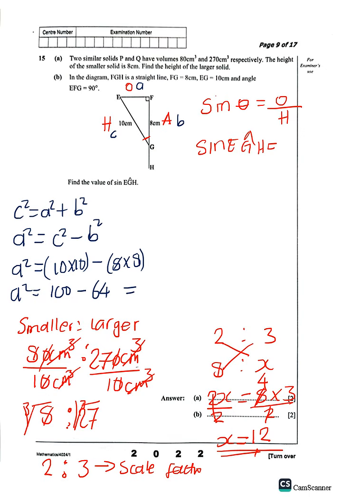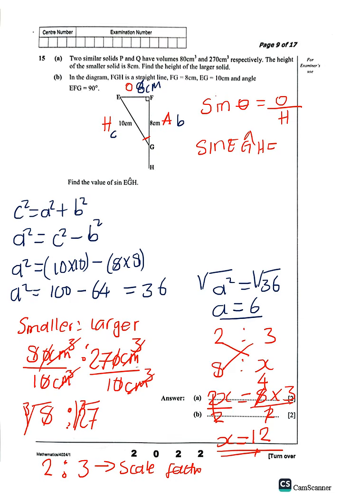So if we proceed, 100 minus 64 is 36. So the square root of A squared and 36, so our final answer A is equal to 6. So here we have 6 centimeters.